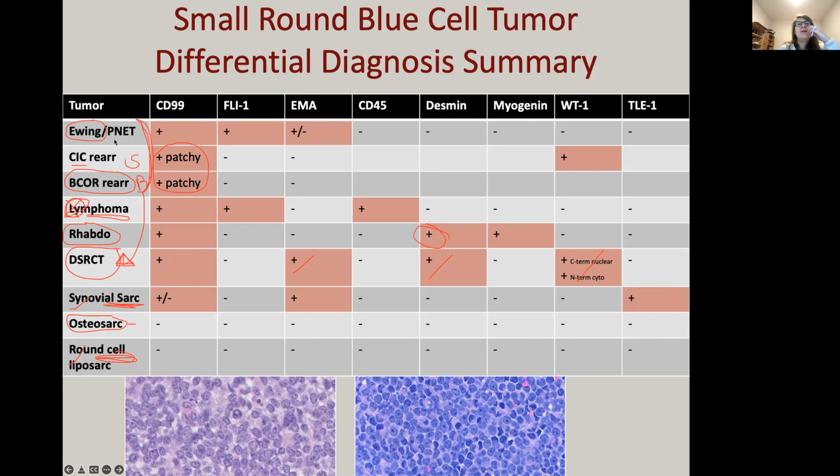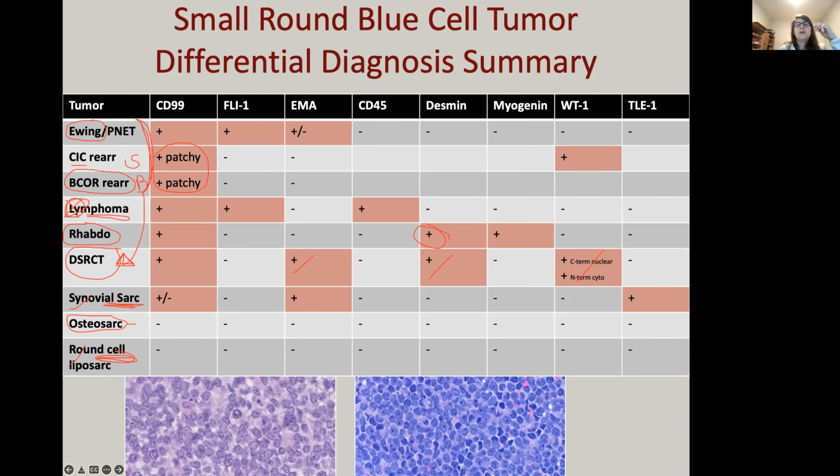In here, we'll be looking for the CIC rearrangement, the BCOR rearrangement. If it's rhabdo, we'll be looking to differentiate embryonal versus alveolar with the PAX-FOXO. If it's desmoplastic small round cell, it's going to be EWSR-WT1. If it's synovial sarc, it's going to be the SYT-SSX.